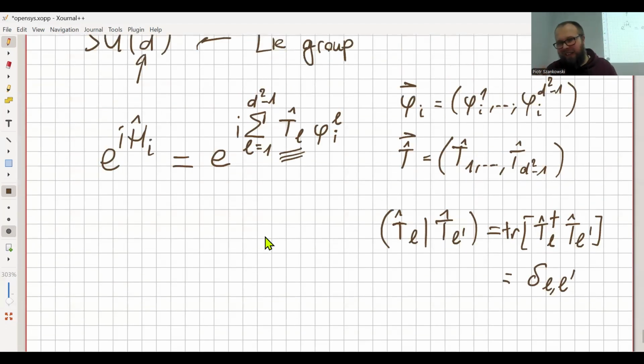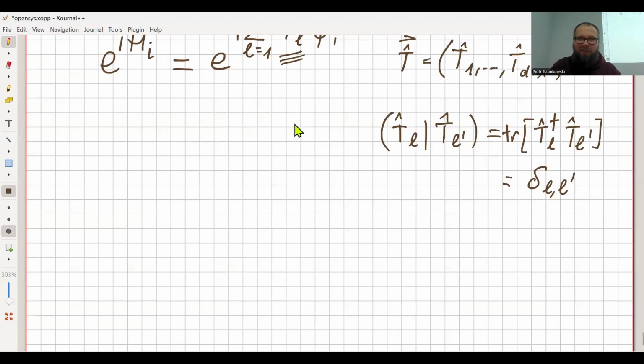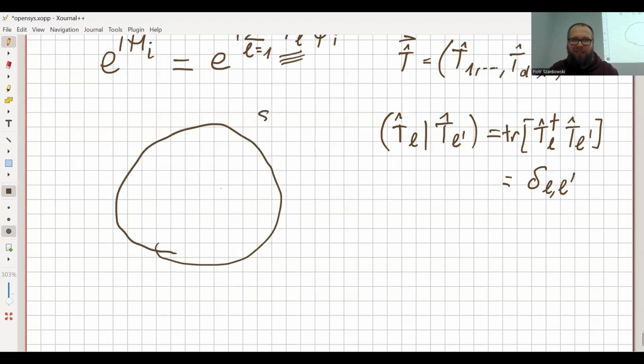And the last thing I would say here, because we run out of time, right? So using this parametrization, if I sketch my SU(D) as this hypersphere, here would be like a pole. So this guy would be some point on this hypersphere, okay?